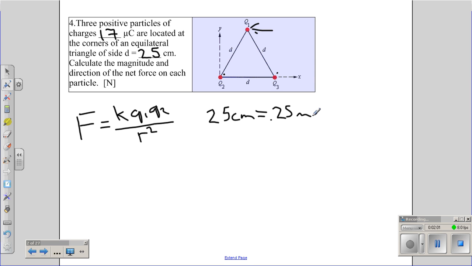Plugging this into your calculator now. You should get a force of 41.6 newtons.